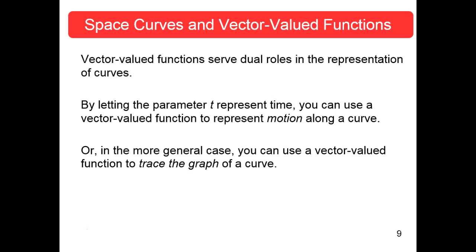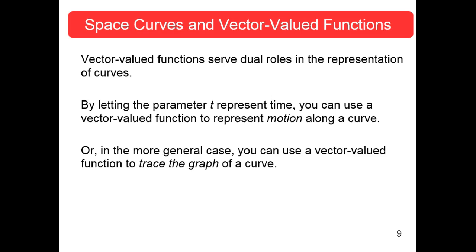This is the first of the chapter, and they usually have slides that do this. Vector valued functions serve dual roles in the representation of curves. One is by letting the parameter represent time: you can use a vector valued function to represent motion along the curve. If t is equal to 3, you're over here; t equal to 5, you're over there.